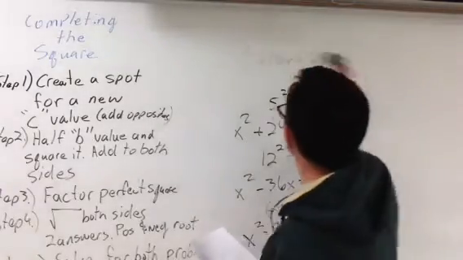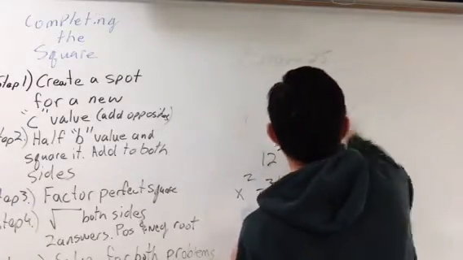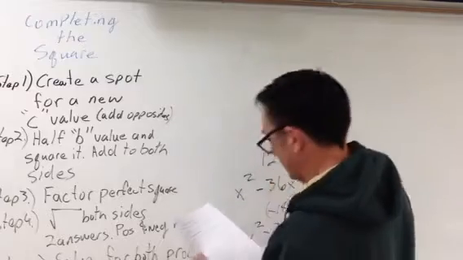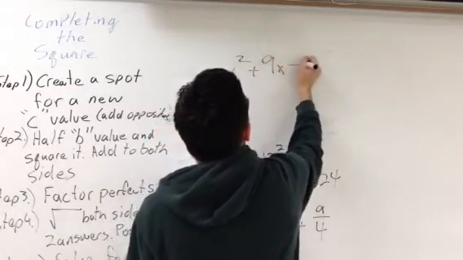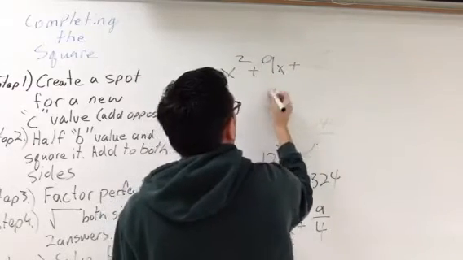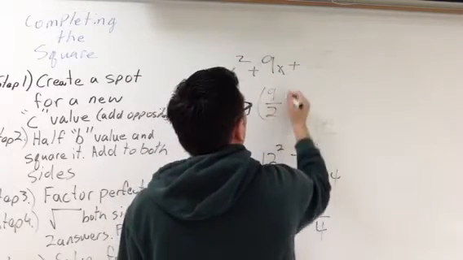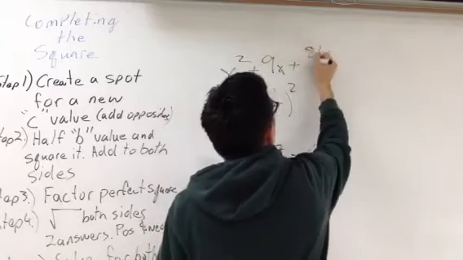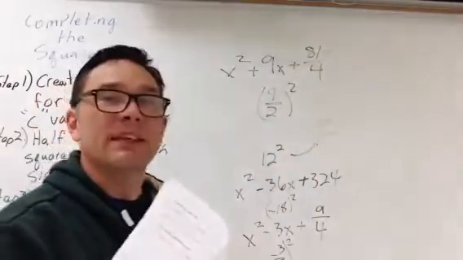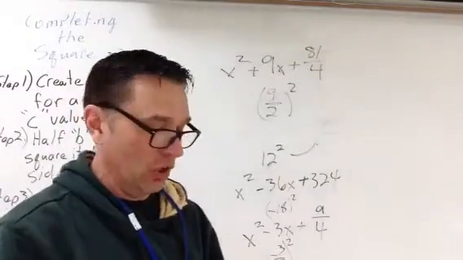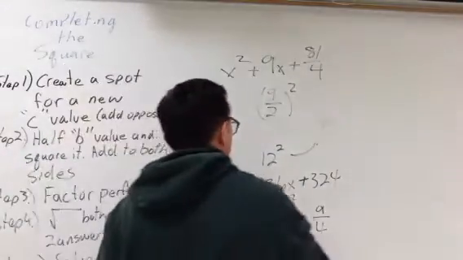And we'll do another one because it is a fraction, so you can see it again. x squared plus 9x. Half of 9 is 9 over 2. When we square this, it is 81 fourths. Again, keep these as fractions. They're a lot easier to work with.